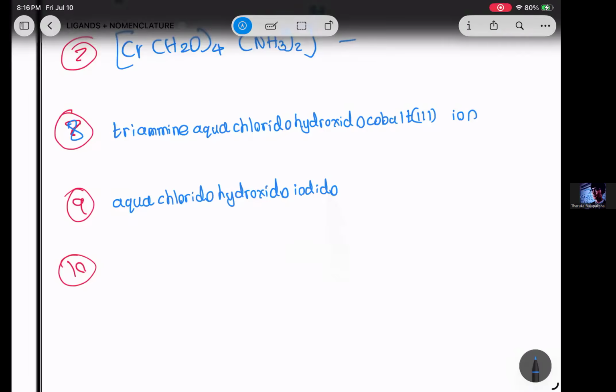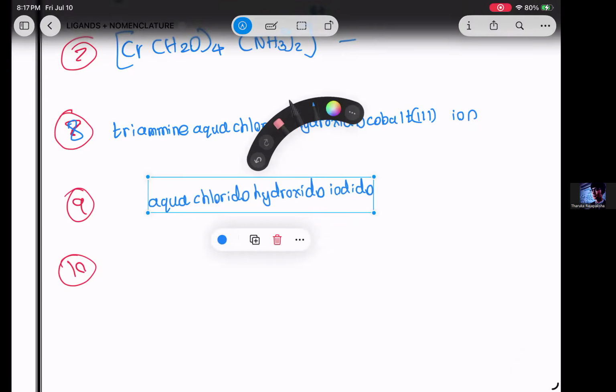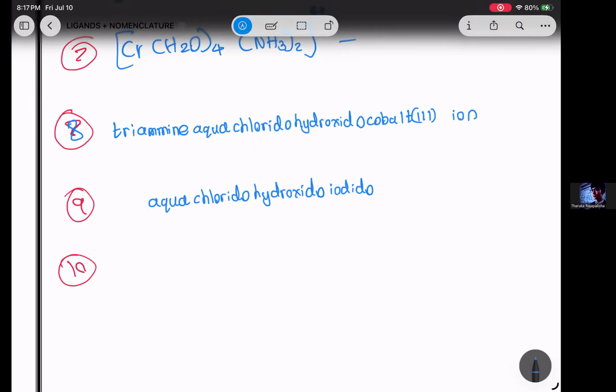Okay, I'm giving you a compound. You have to write the formula. Give me a second. I need to think now. It's all in my head. I'm writing. If I put 2 aqua, 2, 3, 4, 5.